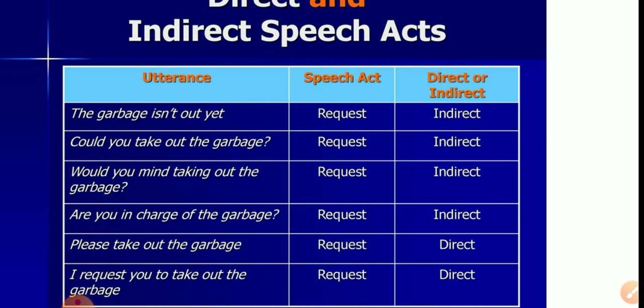But the structure of the sentence is a questionary sentence. Generally, a polite request is made with expressions like please and excuse me. But here, could you take out the garbage? is a questionary sentence, but the purpose is to make a request. Therefore, it is an indirect speech act.